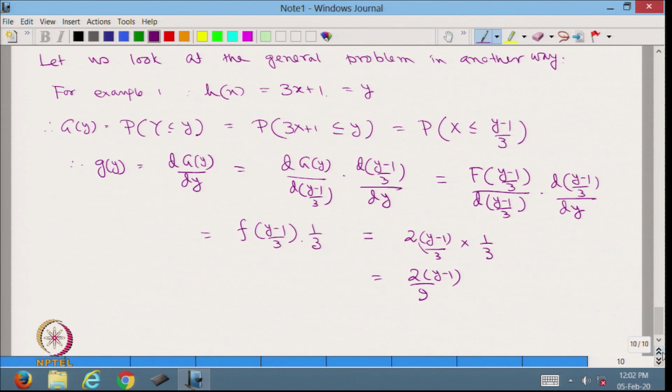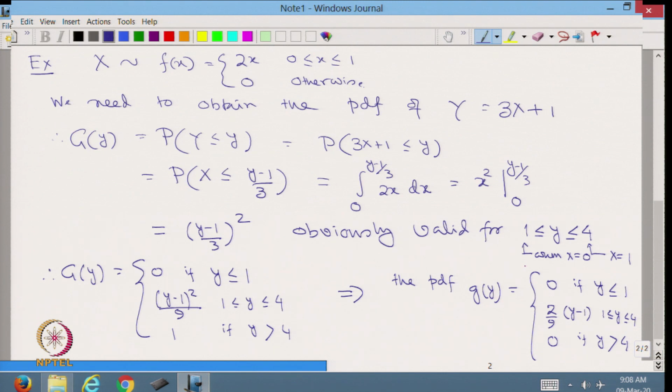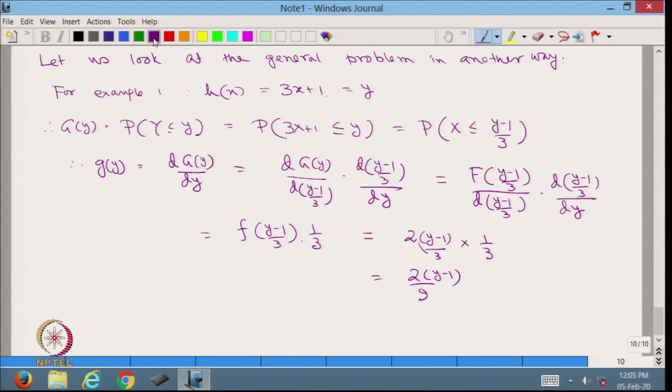So, let us see what we got earlier, and we find that we have got the same PDF there as well. Thus, we get the same PDF as obtained before.